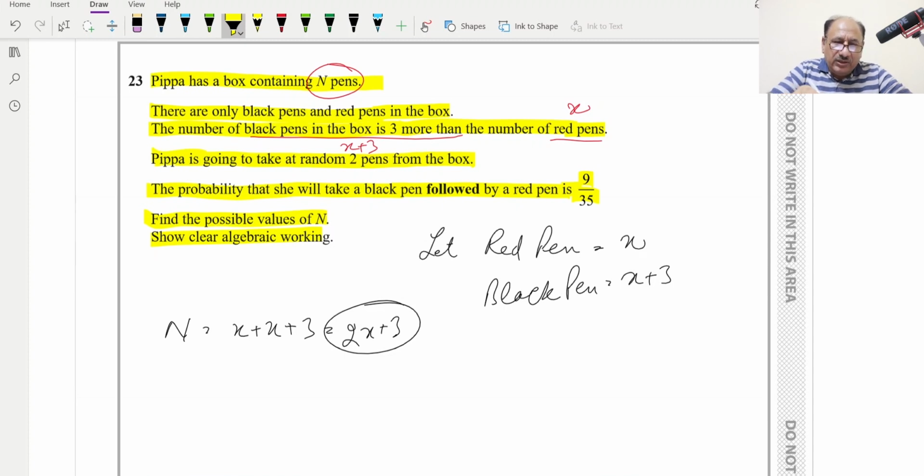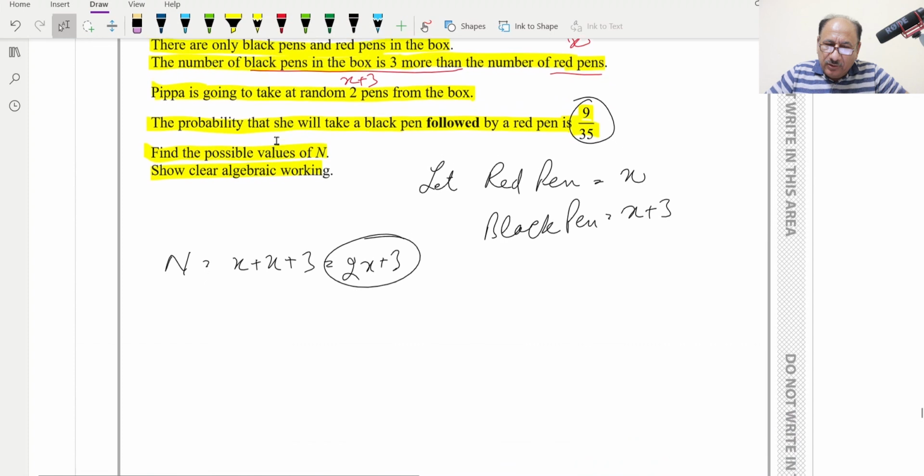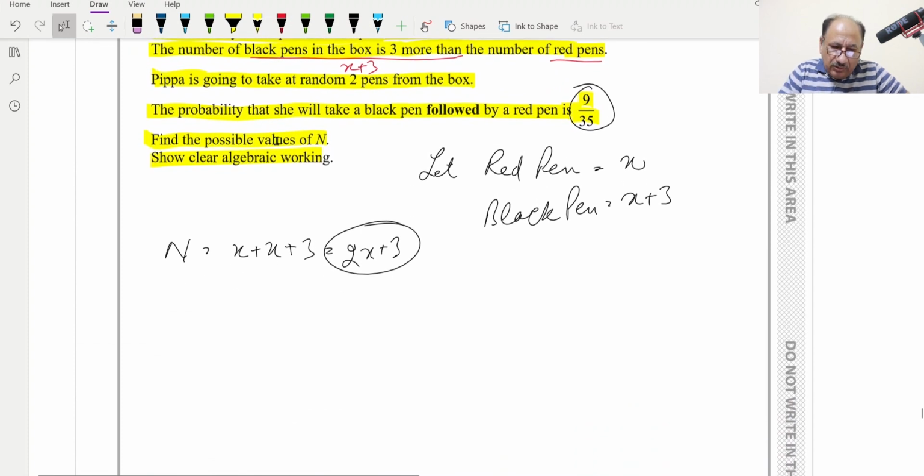And now we can write down the equation on the basis of this information. The probability of taking 2 pens from the box, a black pen followed by the red pen. So the first one will be black pen. Black pens total x plus 3, and this will be out of 2x plus 3.